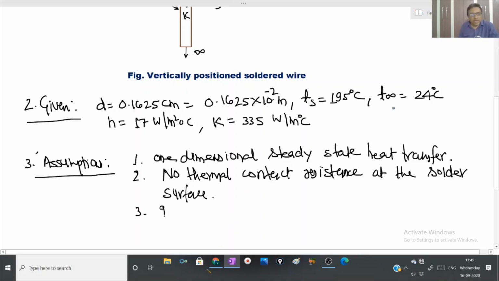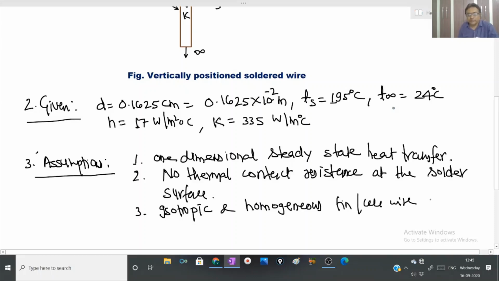Then isotropic and homogeneous fin material, fin or copper wire material. Assumption number 4, no heat transfer due to radiation.